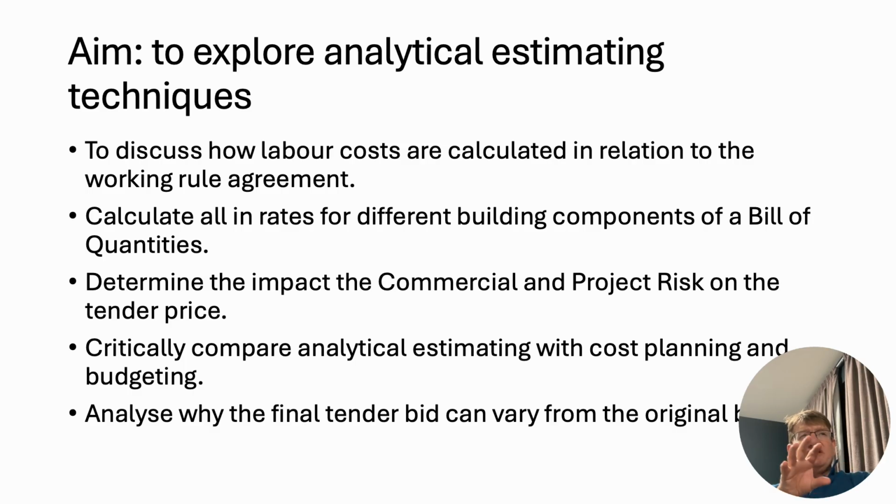For the merits on assignment 2, to do with learning outcome 3 and learning outcome 4, you need to really analyze the different types of methods that you would use with regards to estimating. Now, this links back to the first assignment because it links nicely to NRM1 and the different methods you would use to quantify something to prepare a budget.